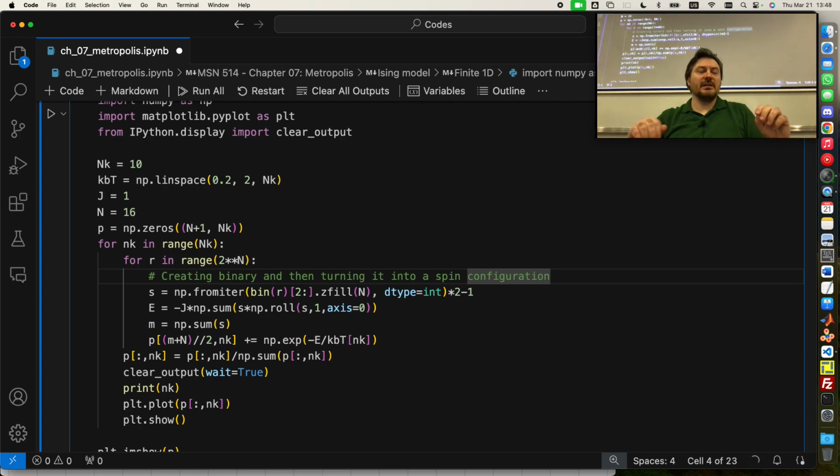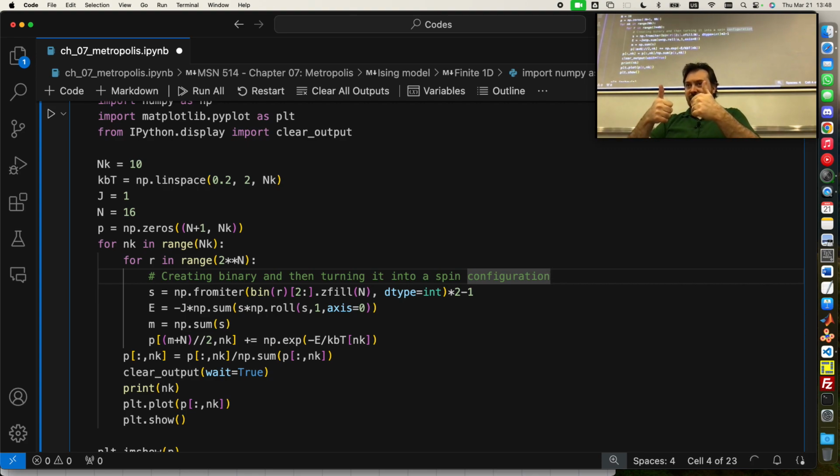So I'm going from 0 to 2 to the power of n minus 1, all the numbers, and the first number 0 is 0, 0, 0, 0, 0, right? And I write 0, 0, 0 as minus 1, minus 1, minus 1, minus 1. Then the next number is 0, 0, 0, 1, right? And it's turned into minus 1, minus 1, minus 1, plus 1 at the end.